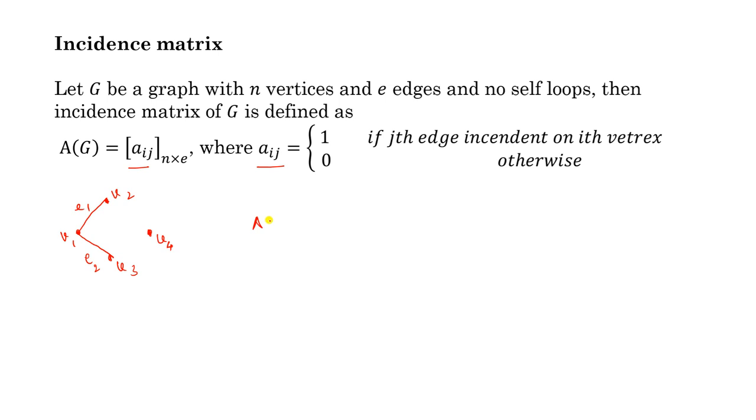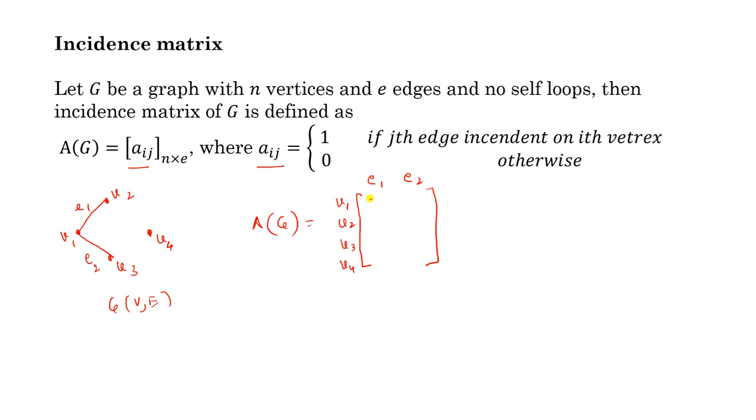If I have to write the incidence matrix of this graph, say this graph is G(V, E), the number of rows equals the number of vertices. 4 vertices are there, so write these vertices V1, V2, V3 and V4, and write the edges, only 2 edges are there. So the order of this matrix will be 4 by 2.